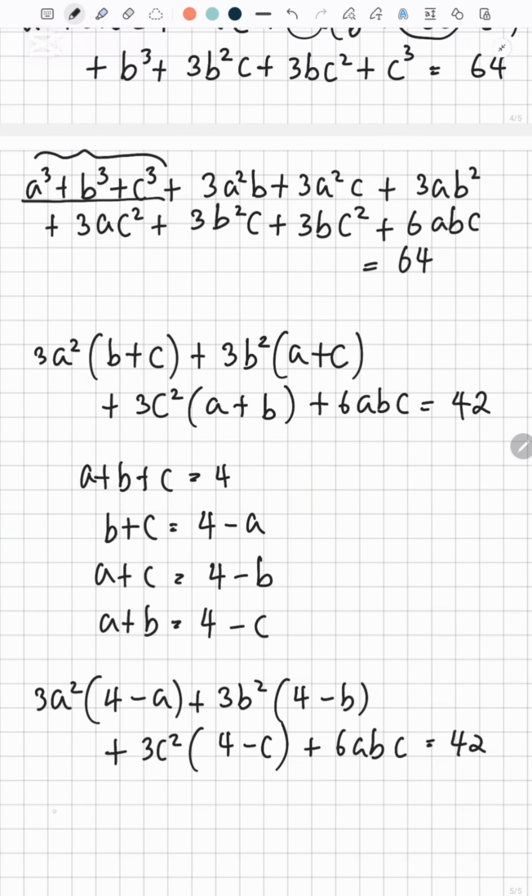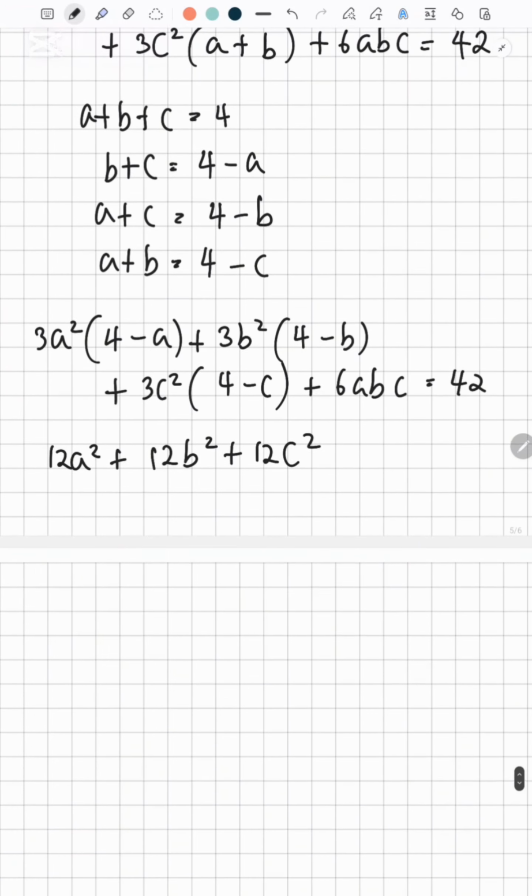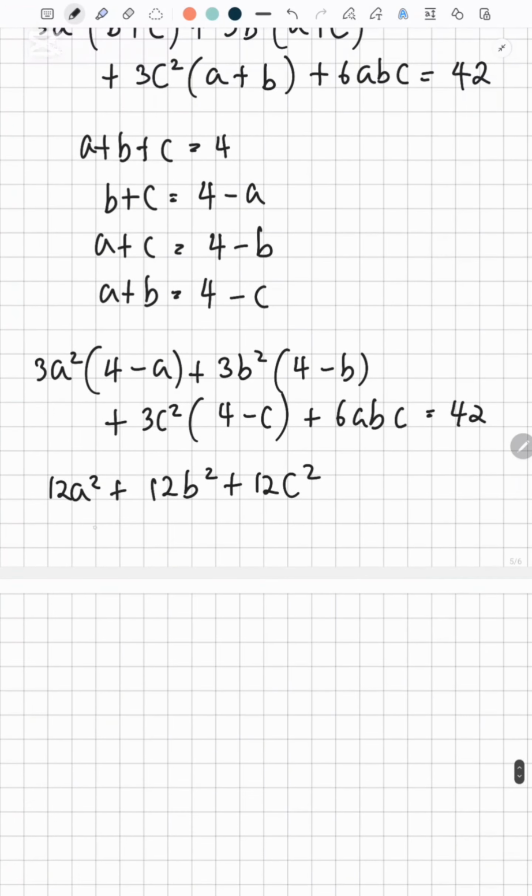So we get 12a squared plus 12b squared plus 12c squared, okay? Those are all your square terms. And now if you just look carefully, you have minus in every term, right?